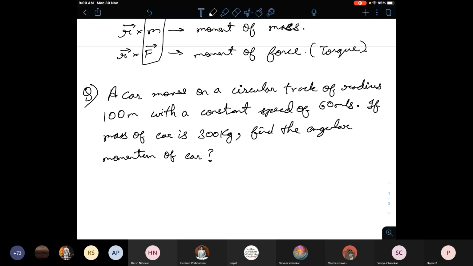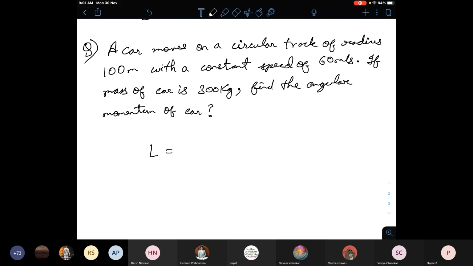If angular momentum or moment of inertia were given, I would say that angular values are given. So to find the angular momentum, I will use the formula R cross P, or R P sin theta if we just need the magnitude.